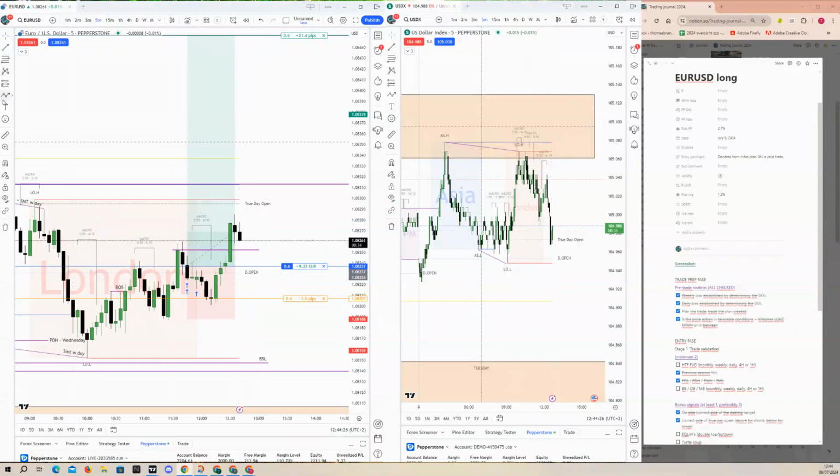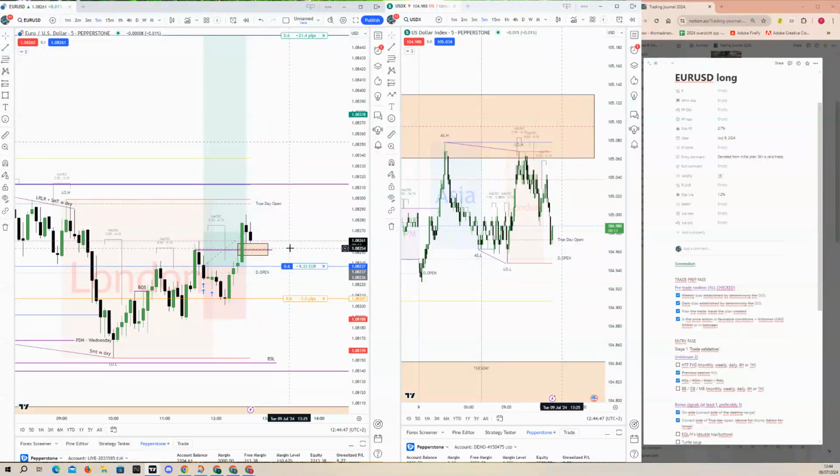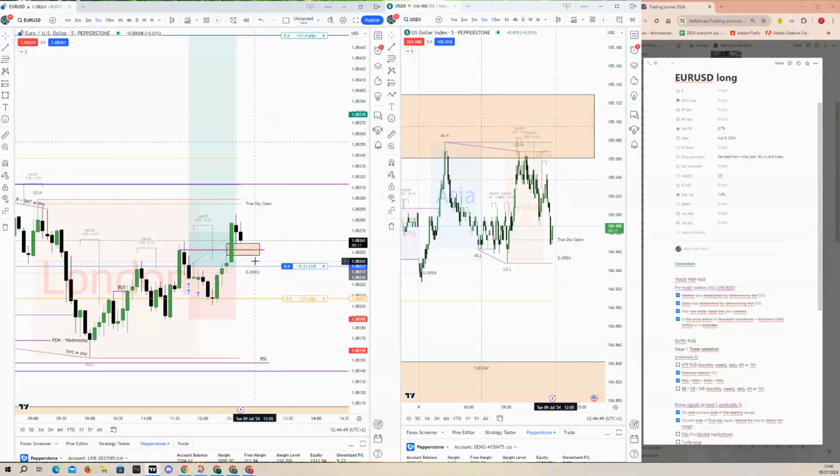As you can see here, there's a small fair value gap that I'm expecting it to touch, as well as the order block. So that's probably the level that it's going to return to. Maybe a little further, but we'll see.